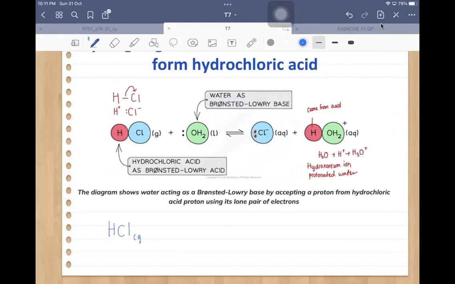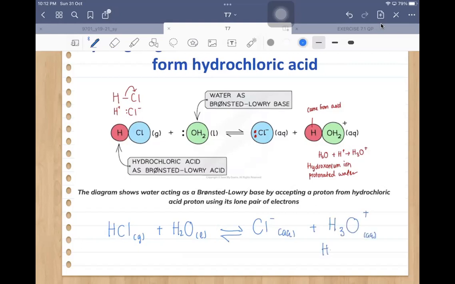HCl gas reacts with H2O liquid to form, sorry, it should be a reversible arrow, Cl minus, now it's aqueous, plus H3O plus, and that's aqueous.